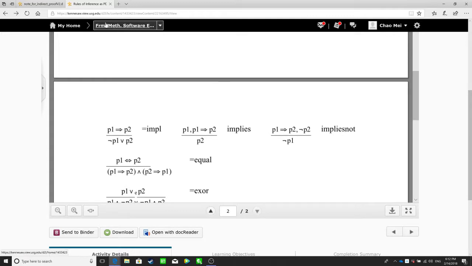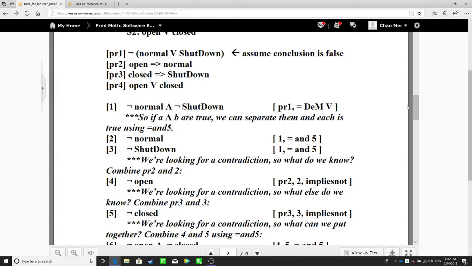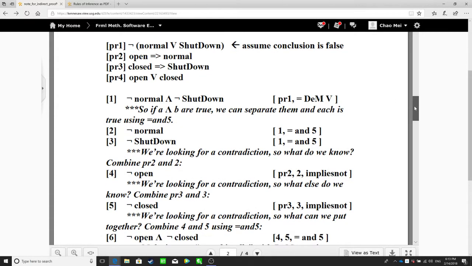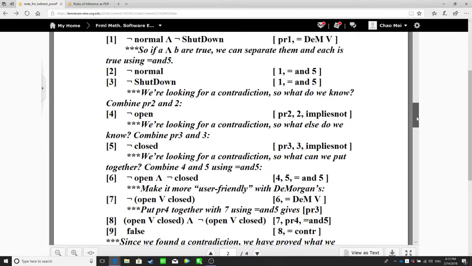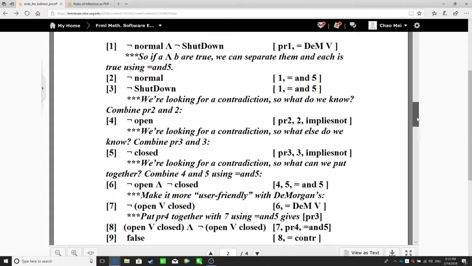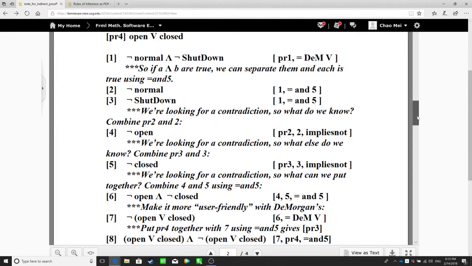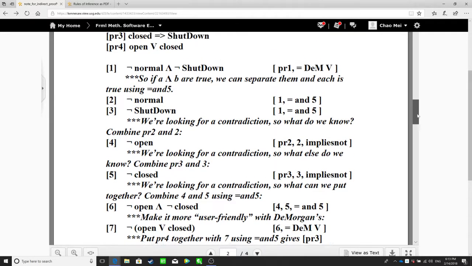So implies not. Okay, let's go back here. We don't have a lot of time. We use implies not. We know that negation open, so this is the thing we know. And also we know negation closed from PR3 and 3.